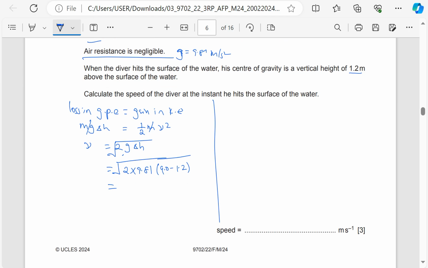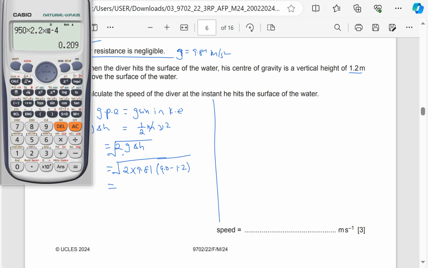So I'll just check with my calculator. 2 times 9.81, then times 7.8, under the square root.